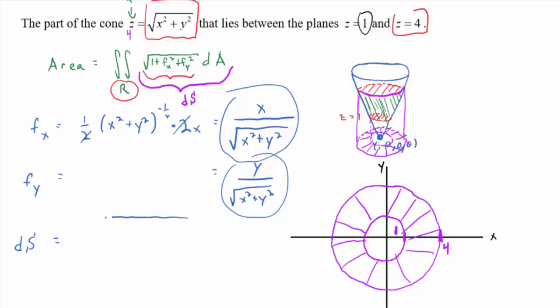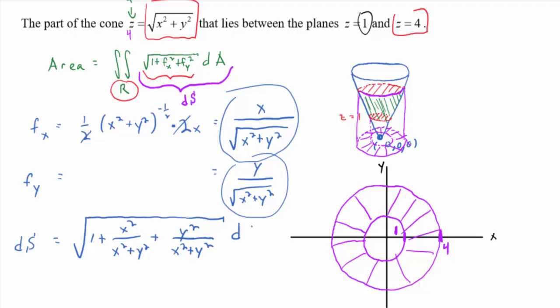So I'll put the 1 first, and then what does this guy become when you square it? X squared over x squared plus y squared. Do you guys see what's going to happen here? It's really nice. Plus y squared over x squared plus y squared. That means a teacher who cares wrote this problem, that's going to cancel so nicely.